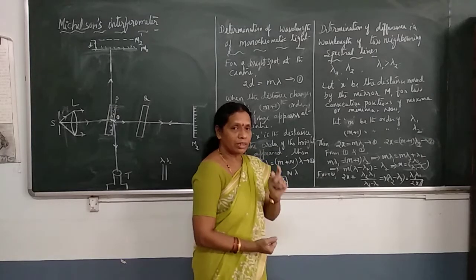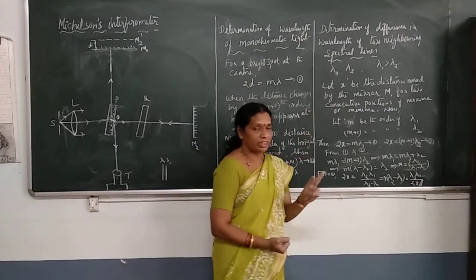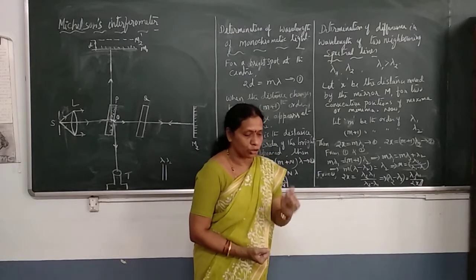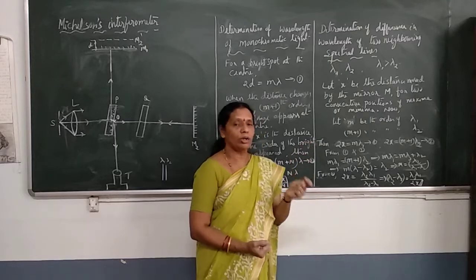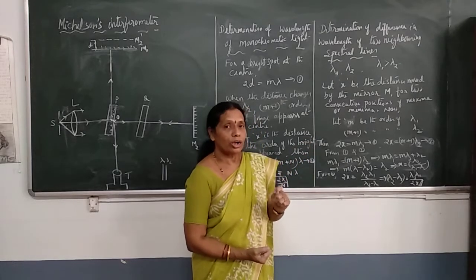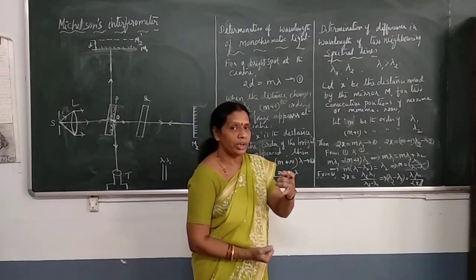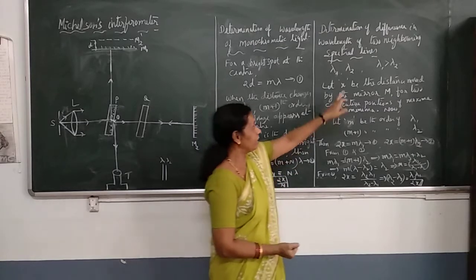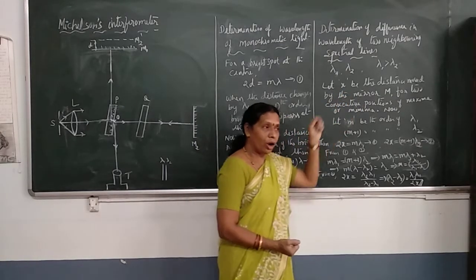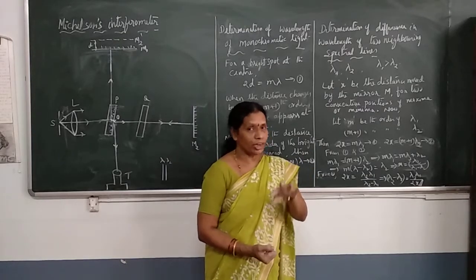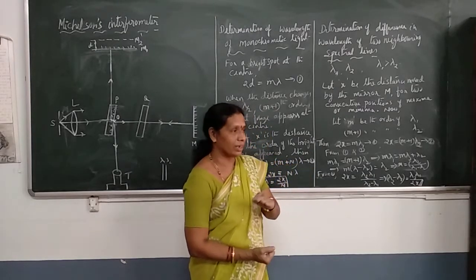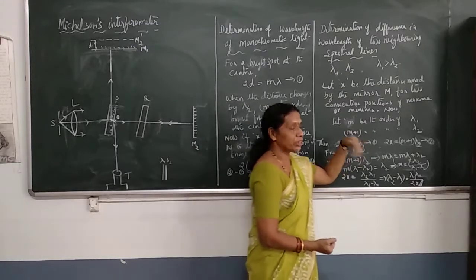The main meaning is, if x is the distance travelled for two successive distinctness, and m is the order of lambda 1, then the order of lambda 2, the shorter one, will be 1 more, it is m plus 1.